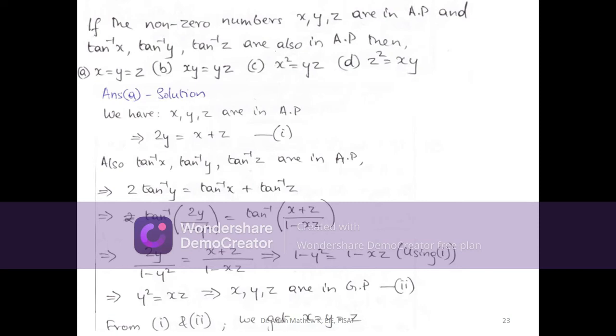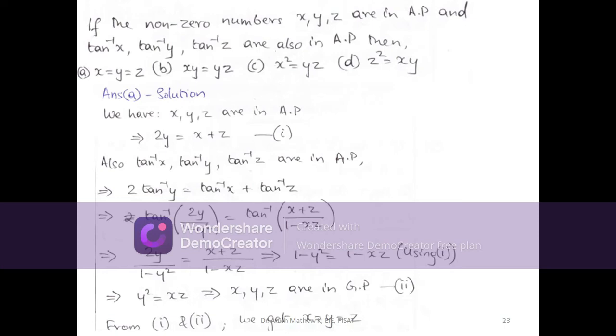If the non-zero numbers x, y, z are in arithmetic progression, and tan inverse of x, tan inverse of y and tan inverse of z are also in arithmetic progression, then option A, x equal to y equal to z.